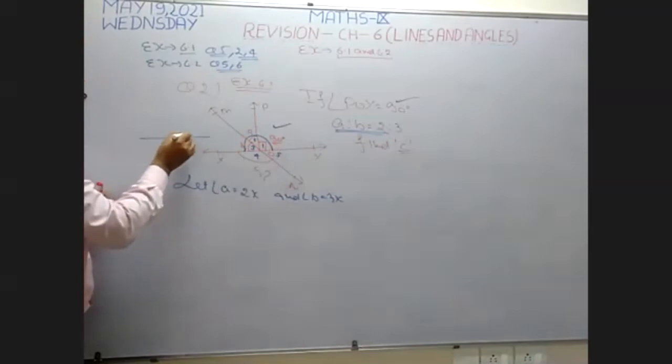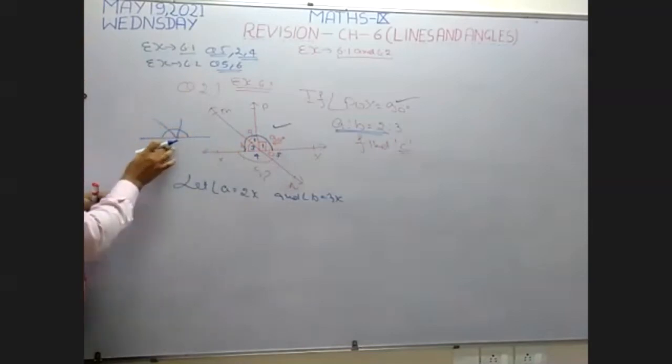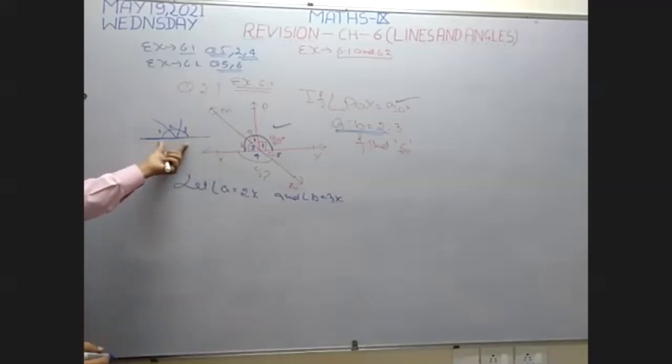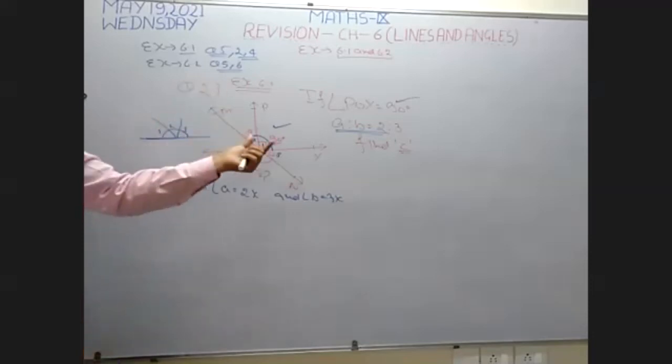Since all the three angles are made on a single line, or in the same straight line, these angles are known as linear pair angles. When two or more angles are made on a single line, they are known as linear pair angles.